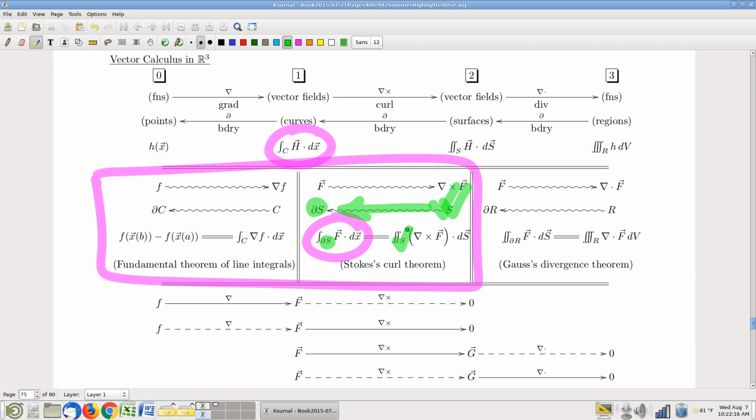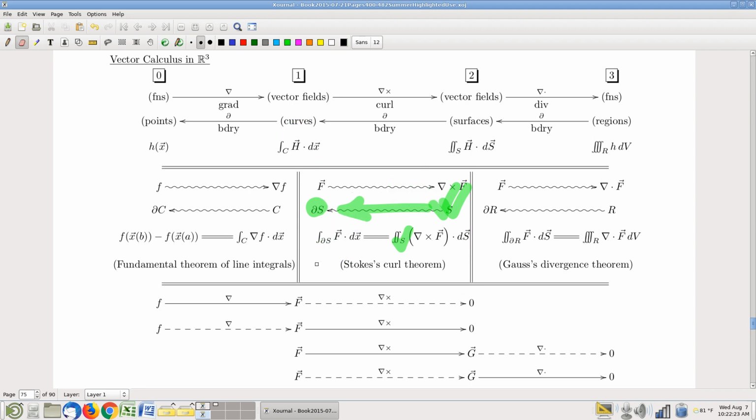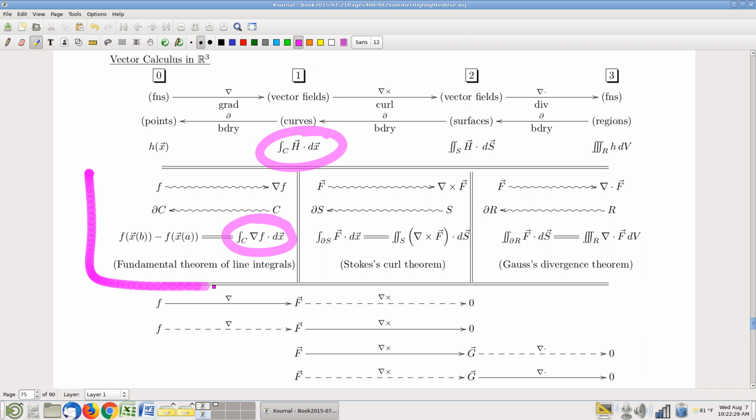I'm just rephrasing that as having to move backwards through the boundary arrow. Likewise, if you want to use the fundamental theorem of line integrals, this is not for any old line integral. It has to be a line integral of a gradient. Namely, there has to be an anti-gradient. Namely, you have to move backwards through that gradient arrow.